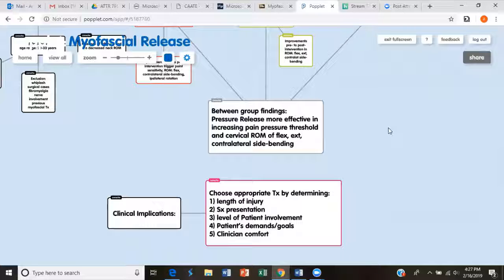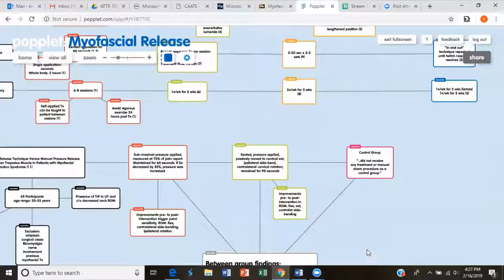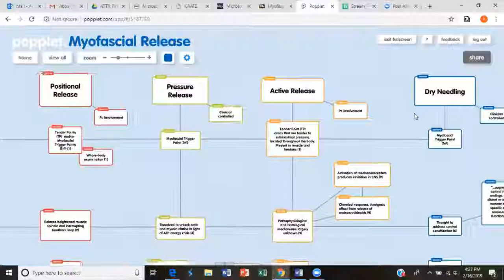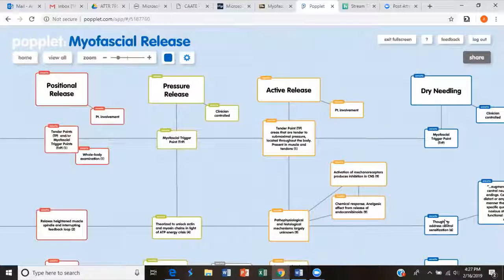Looking at clinician comfort, of course, is needed as well. For instance, even though I've done my research on dry needling, I have not had any formal training in the application of it, and therefore I would not be comfortable applying dry needling to a patient.